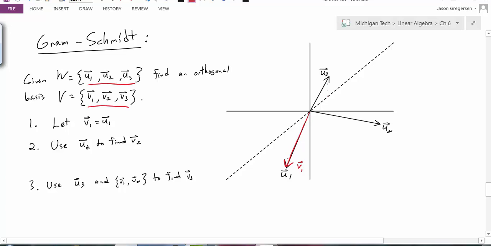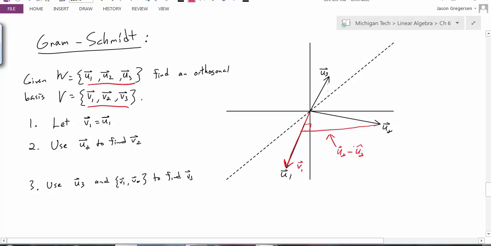Now we have to find a vector v2 for our basis where v2 is perpendicular, or orthogonal, to v1. To find that, we're going to use u2. We're going to take the projection of u2 onto v1, and then find this vector, which is u2 minus the projection of u2 onto v1.